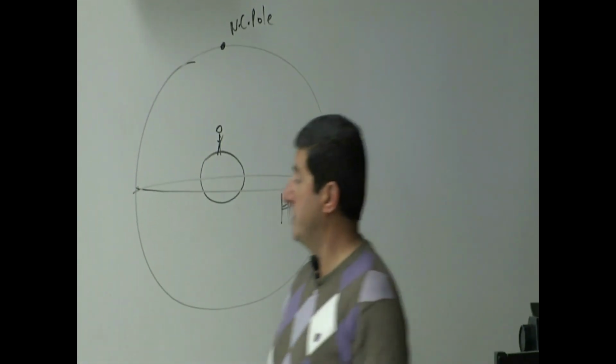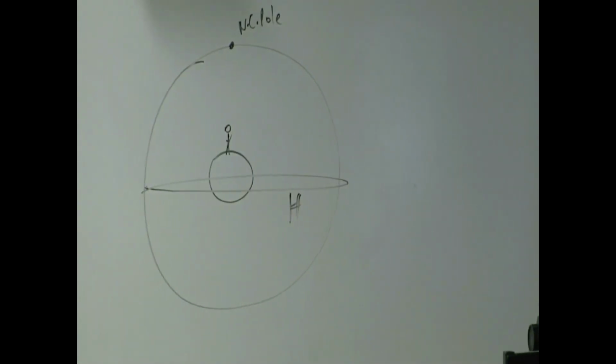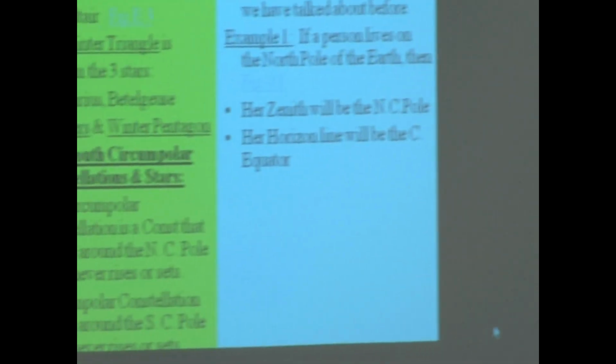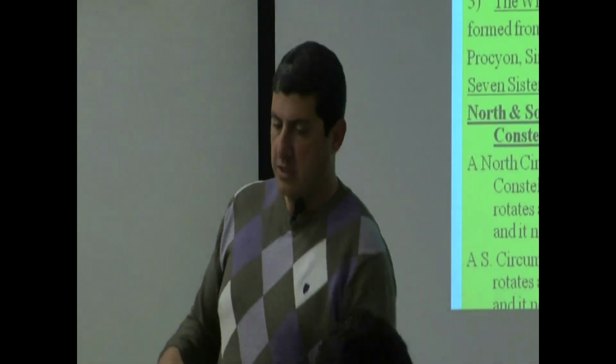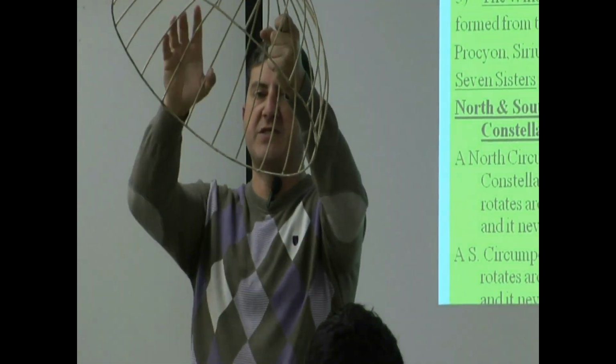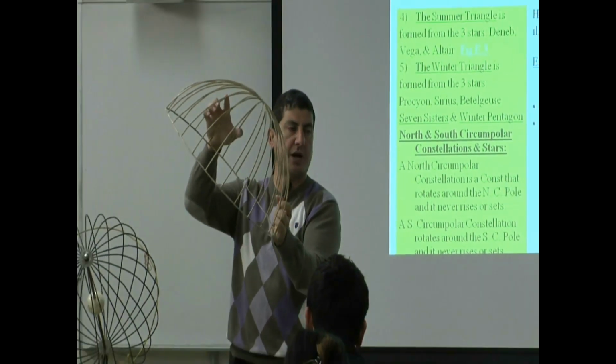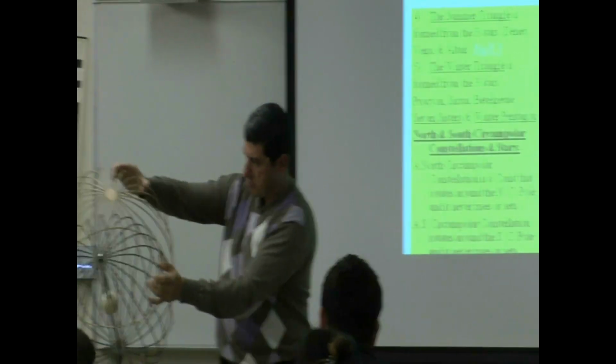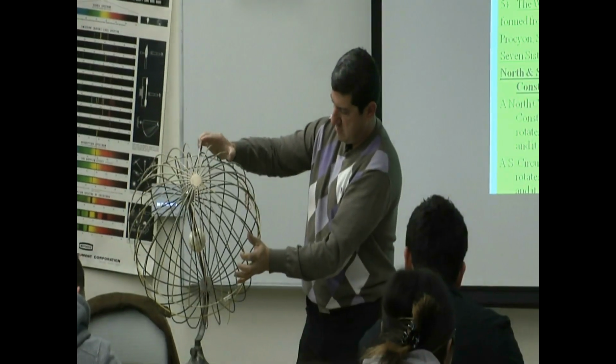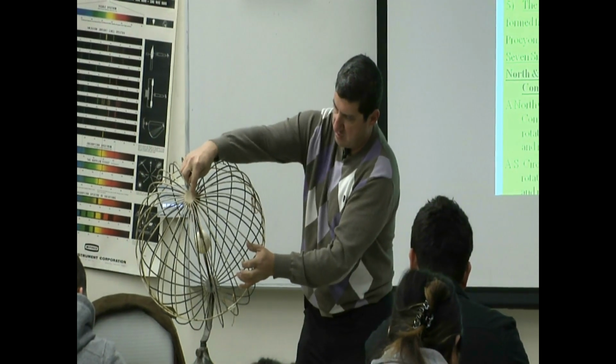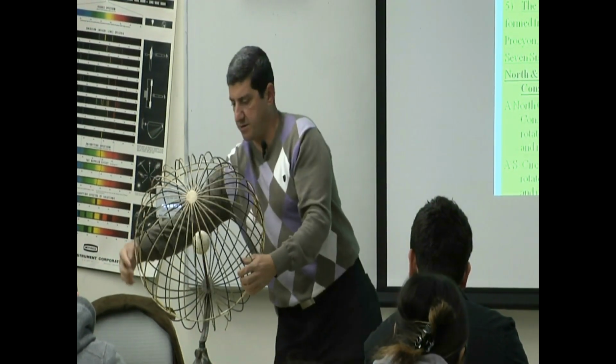Okay? Now, we could also illustrate this with this picture. If you're living at the North Pole here, we're using this hemisphere to illustrate which part of the sky you see. This is your zenith. This is your horizon.